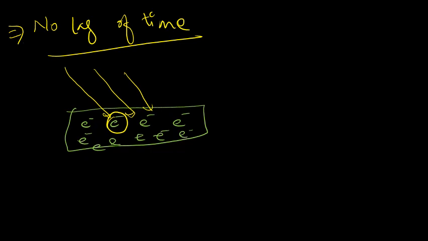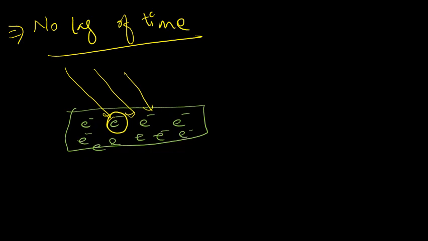So there should be a lag of time. But when things were experimentally observed, there was no lag of time between the irradiation of the surface and emission of photoelectrons. So this cannot be explained on the basis of wave theory.